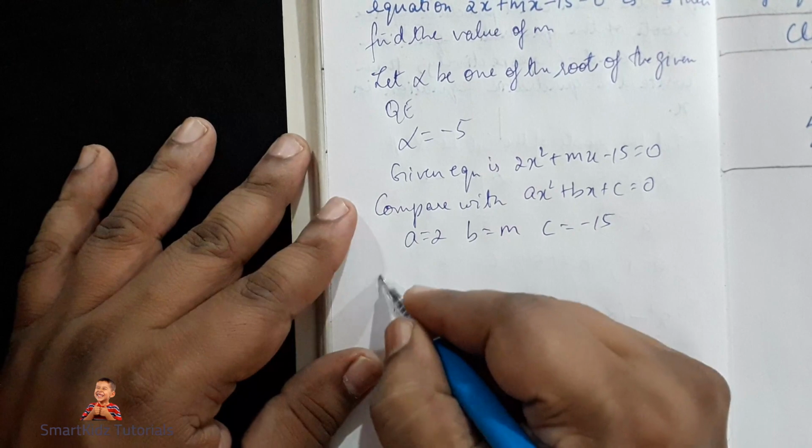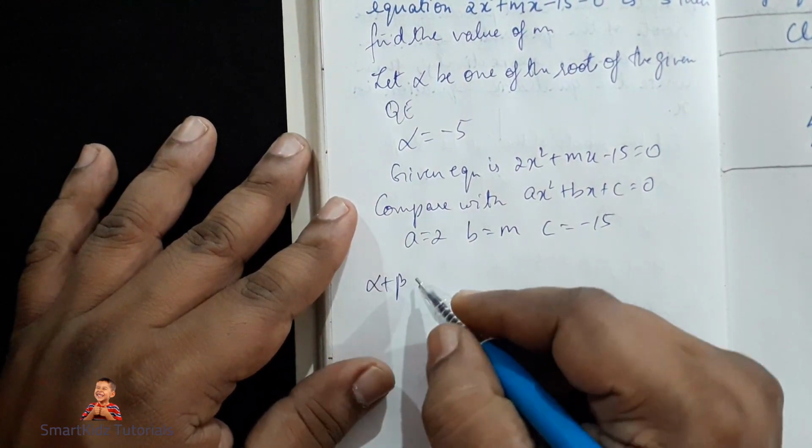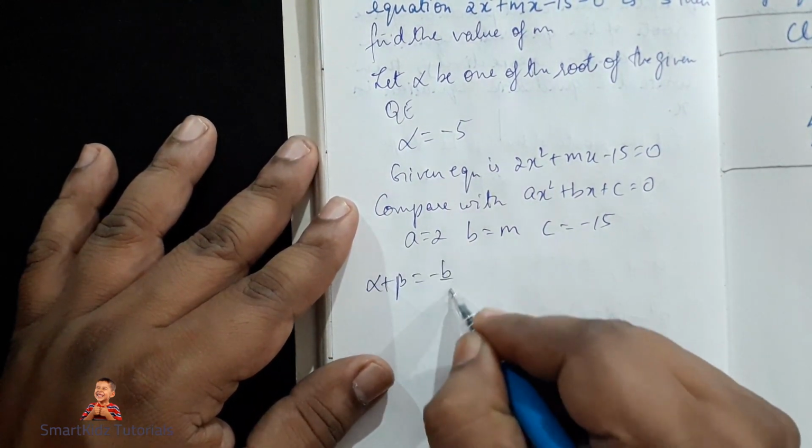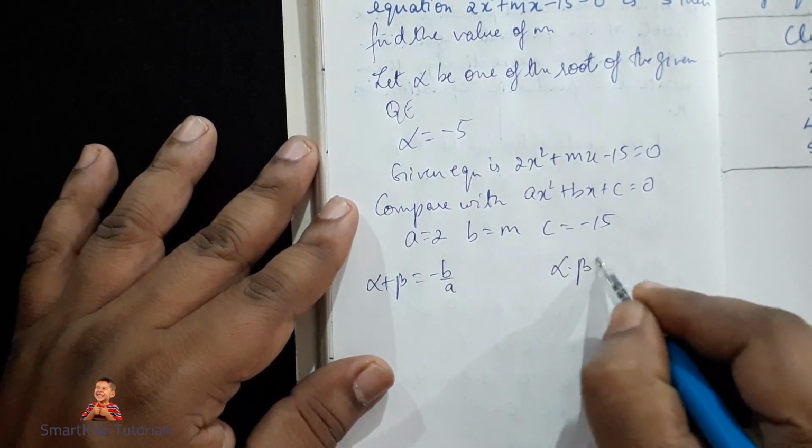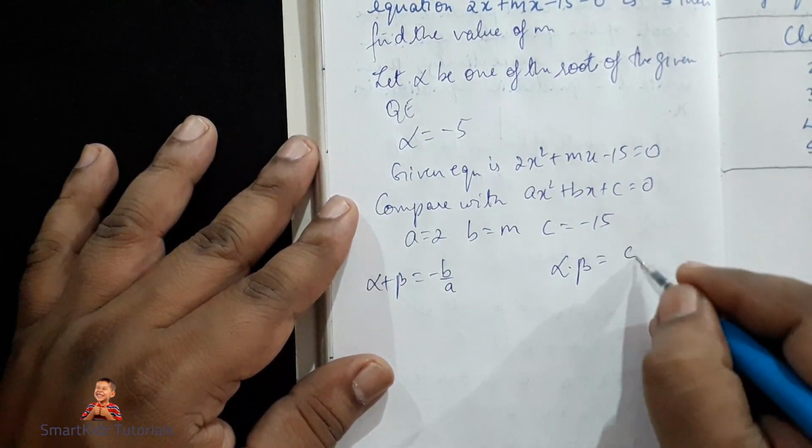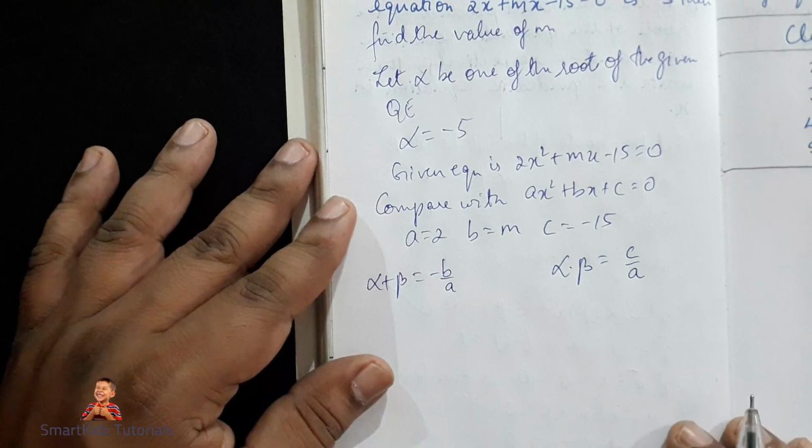Now we know that sum of the roots is equal to minus b upon a, and product of the roots is c upon a, right?